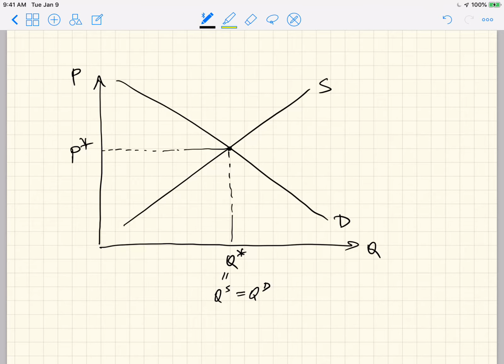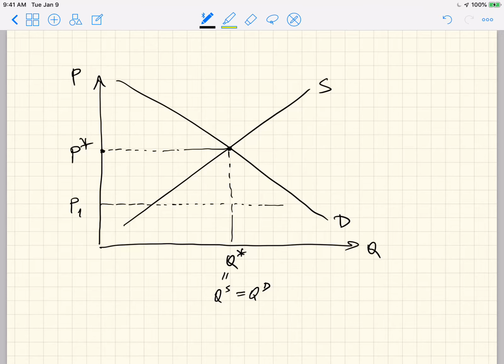Next thing is to figure out why are we calling this situation an equilibrium. And the answer is that market forces are going to push any other price towards this one. So imagine a situation when price happens to be lower than this one, P asterisk. So let's say it is as low as P1.